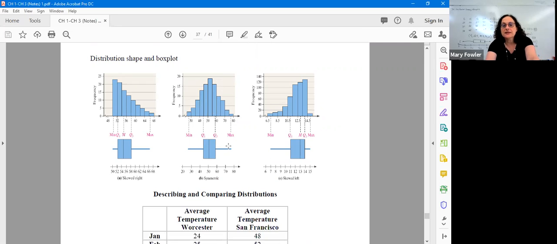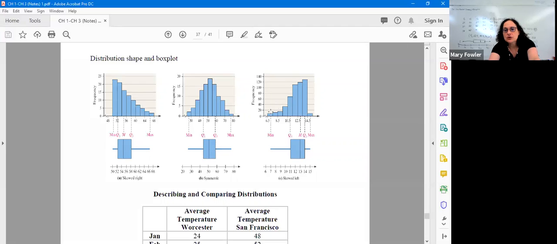Also, what you'll notice is that your whiskers are all 1.5 the width of the box plot. That's where the 1.5 comes from for the outlier rule. So in a bell-shaped distribution, we have whiskers that are 1.5 of the interquartile range.